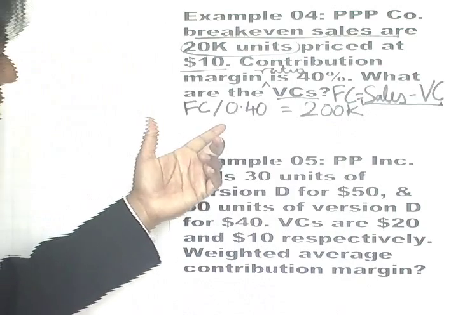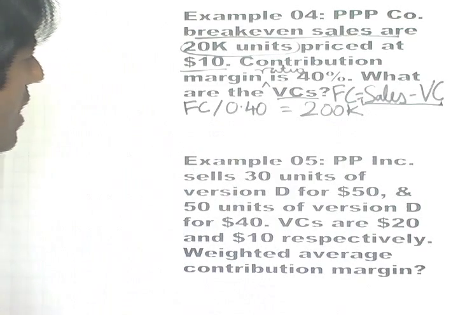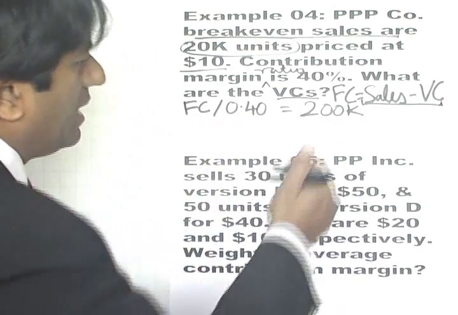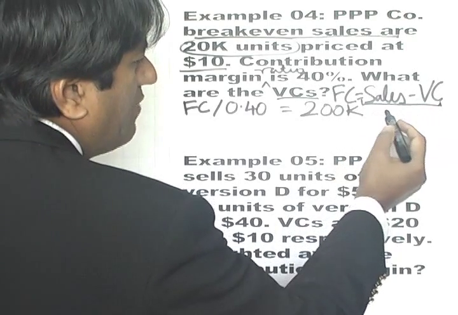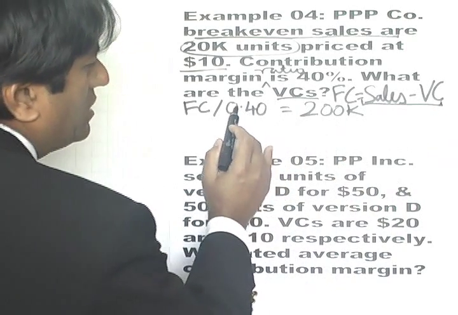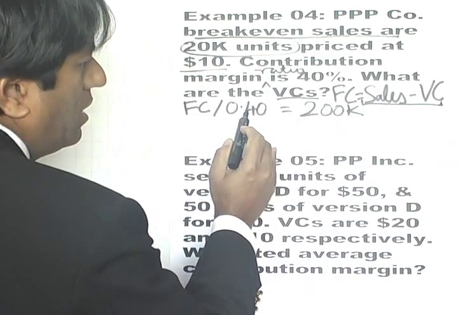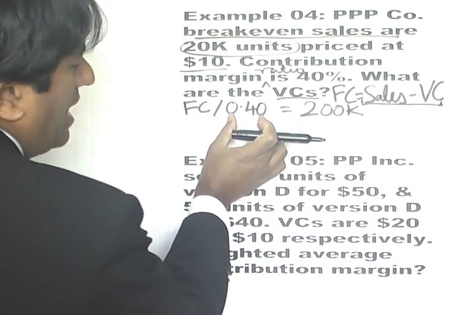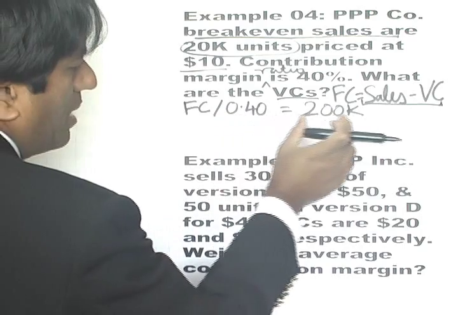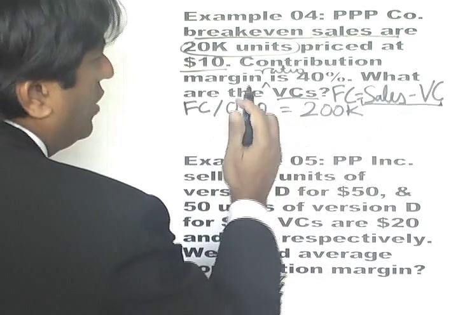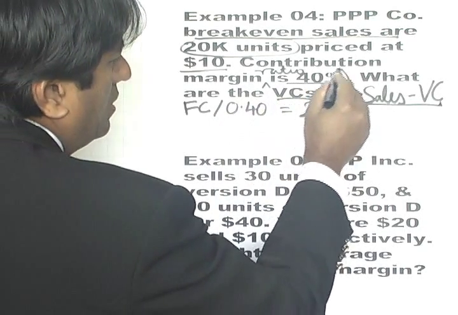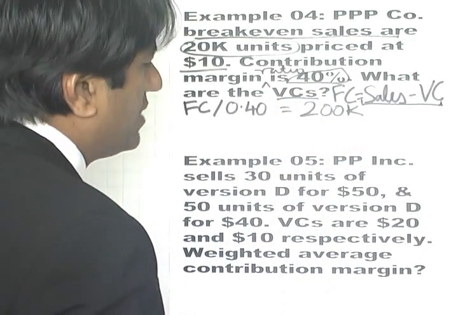Now, how did I get this? Well, it's actually sales minus variable cost divided by sales equals 0.40. That's what you're given. The contribution margin ratio is 40%.